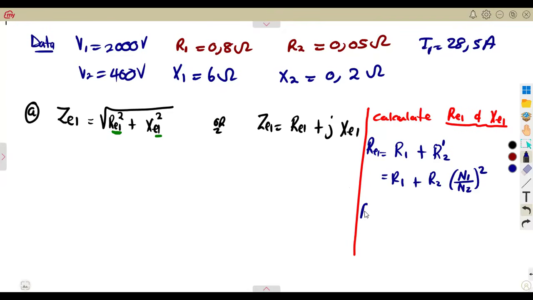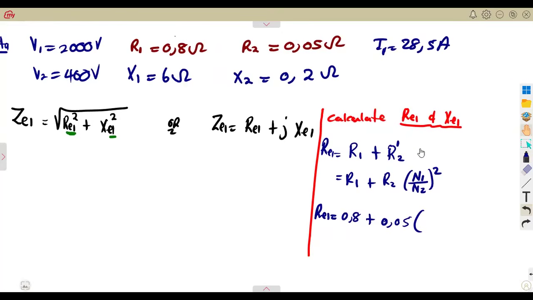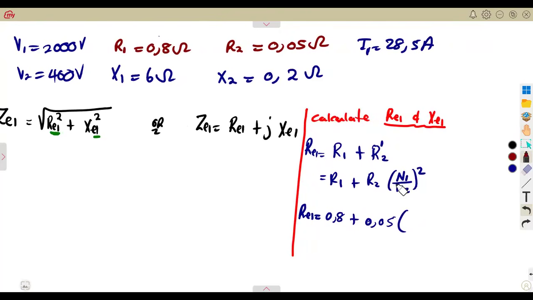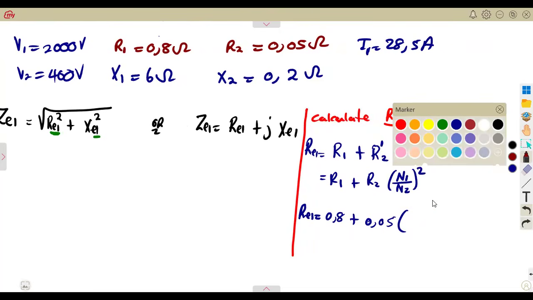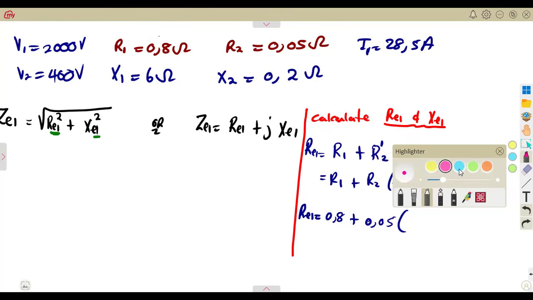So our RE1, the equivalent resistance referred to the primary, we're going to substitute our R1, that's 0.8, plus R2, 0.05, into N1 over N2. Like I said, this part is limited.